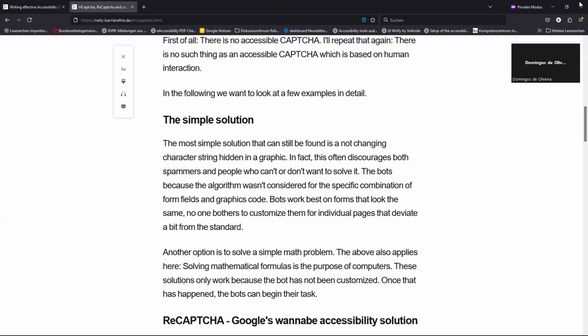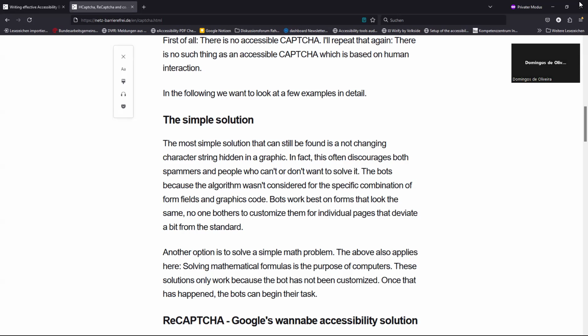The simple solution is a graphic in which you have letters and numbers which are somehow made unsharp, for example, and you type in the letters and numbers you see.